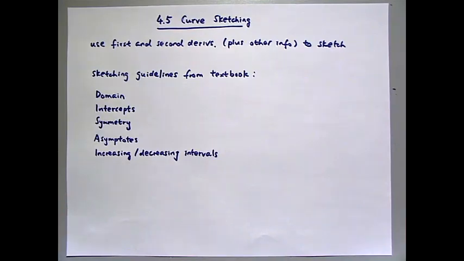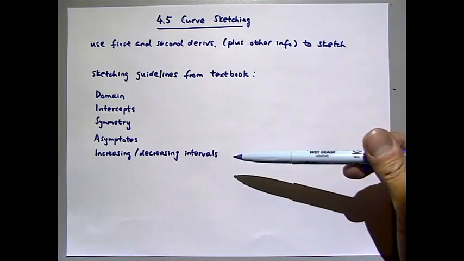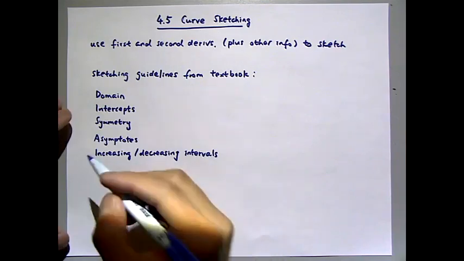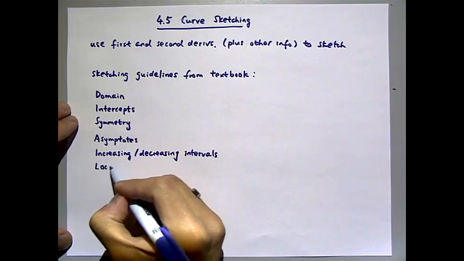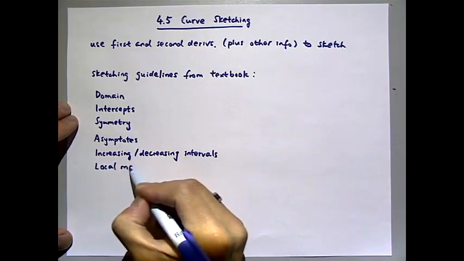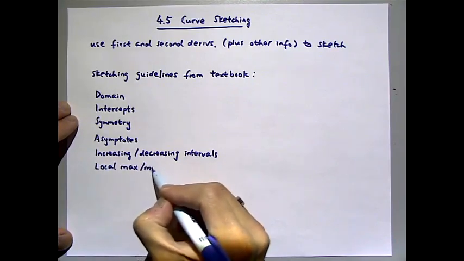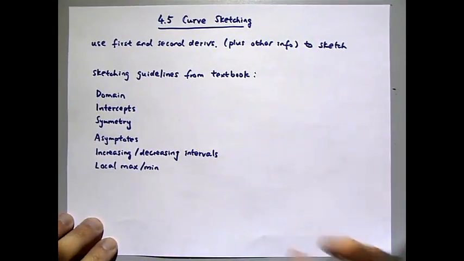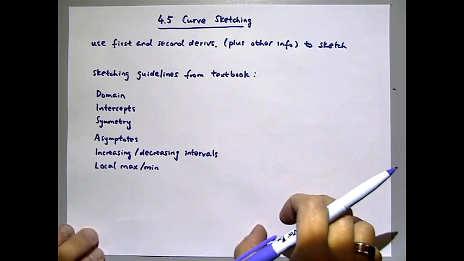And you remember, as soon as we know where the increasing/decreasing intervals are, we automatically know where the local max and min are. So these really are one step. Even though there are two major things there, it's really one step.